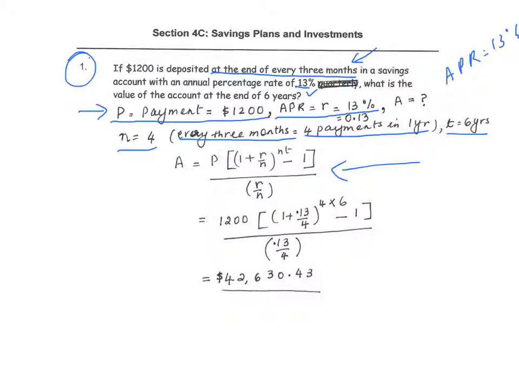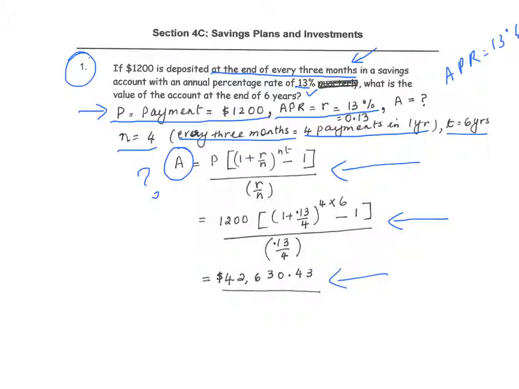Now we have all the details that we need to figure out the value of the account at the end of 6 years, which means we need to figure out A. So we use the formula, plug in all the numbers, and I've said before that when you make these calculations, you need to enter all the numbers into the calculator using parentheses all at once and hit the enter button once to get your final answer.